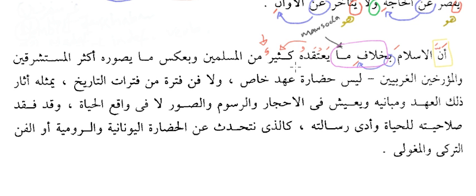So يعتقده. Here we have what is known as the dhamir. Okay, the dhamir, and this dhamir, it goes back to the ma. يعتقده. Okay, so this dhamir actually goes back to ma, and this is something general you'll also find wherever you have ma and you have the dhamir after it.